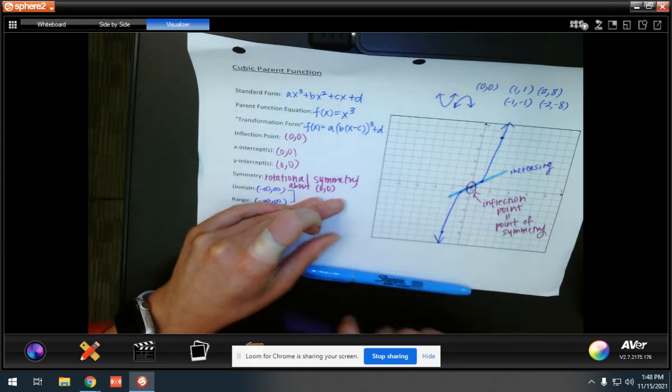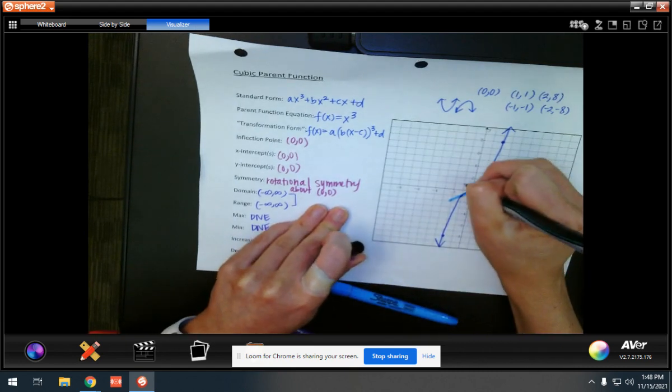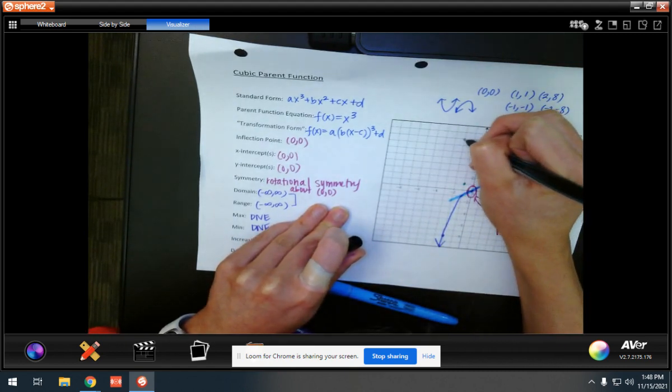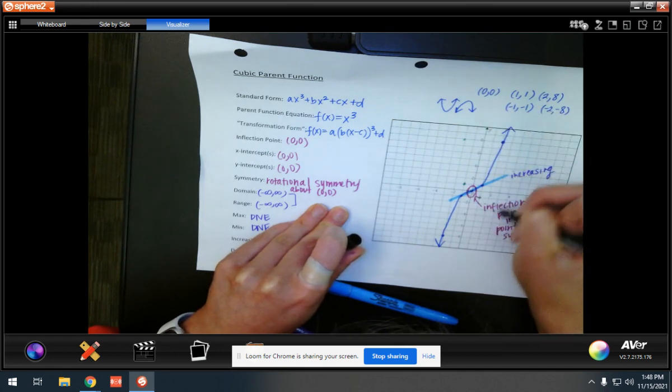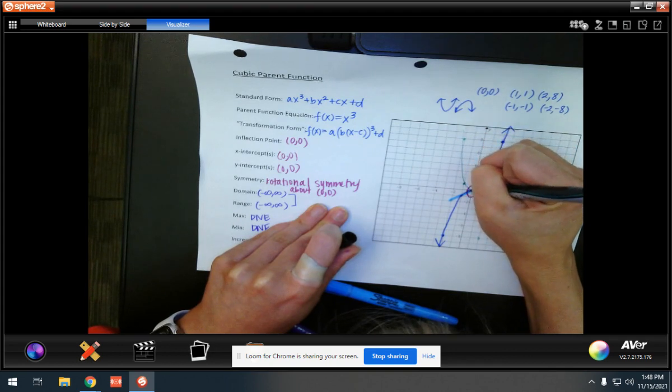If I reflected this function across the y-axis, and it was this backwards looking S, this function would be decreasing.